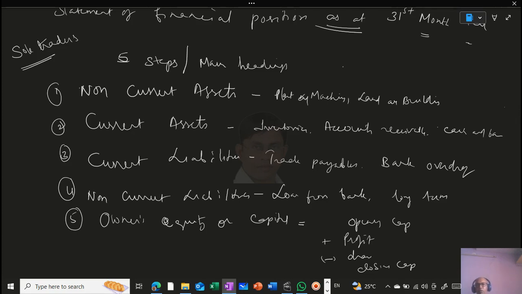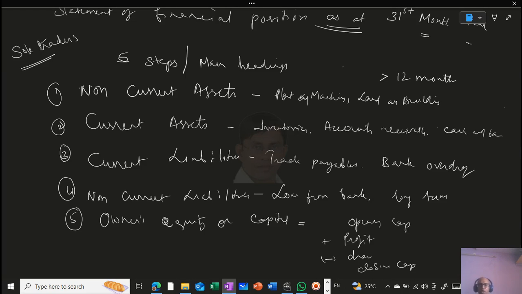However, you remember, non-current assets are those assets which are held for more than 12 months. But current assets keep changing. These amounts are receivable maybe immediately, within a period of 12 months.